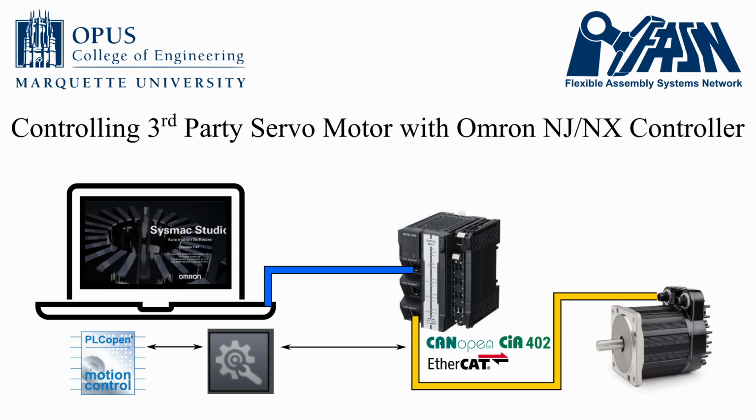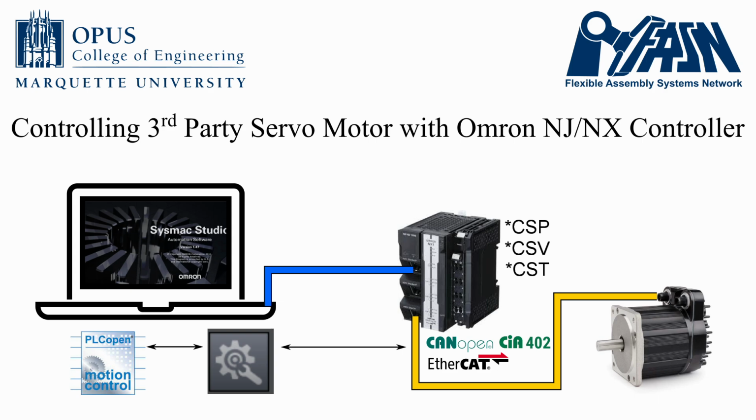The first item to check is to see what operating modes are supported by the controller and the drive. Omron controllers support 3 operating modes: cyclic synchronous position, cyclic synchronous velocity, and cyclic synchronous torque. If the drive does not support any of these, it cannot be integrated with the controller. Finally, we must confirm that all the required PDOs for the motion control application are supported by the drive.